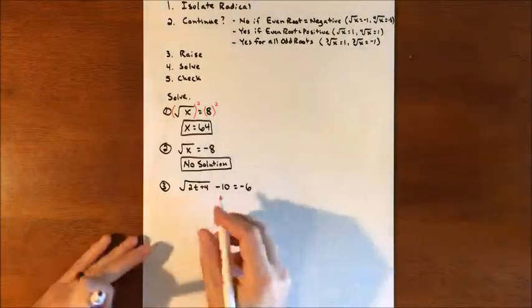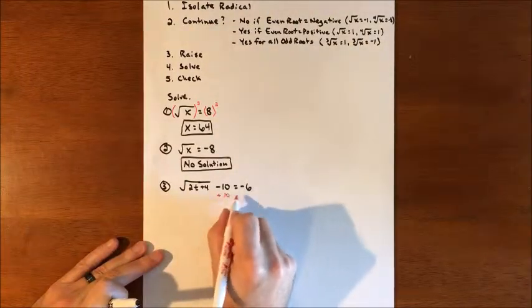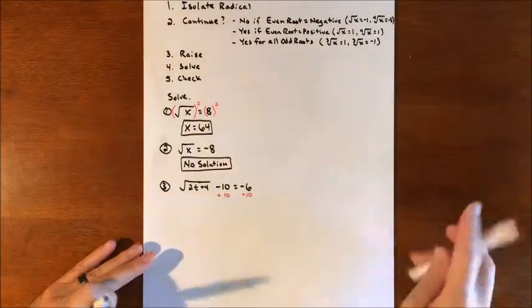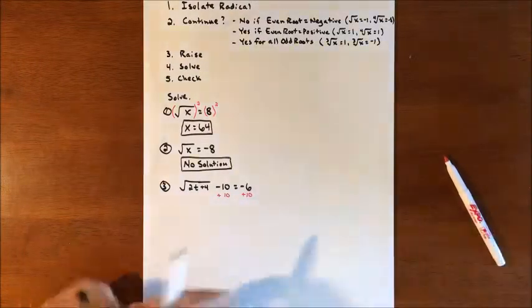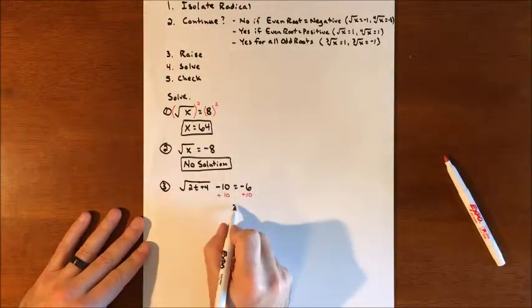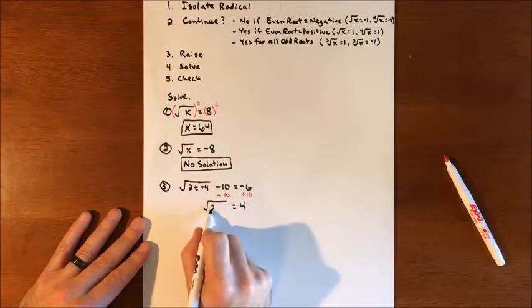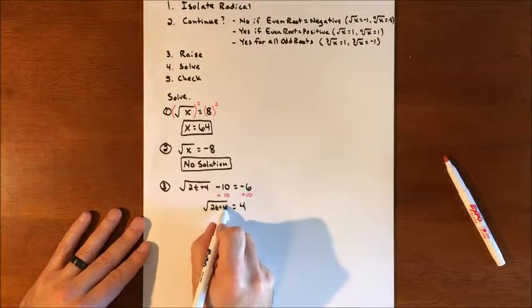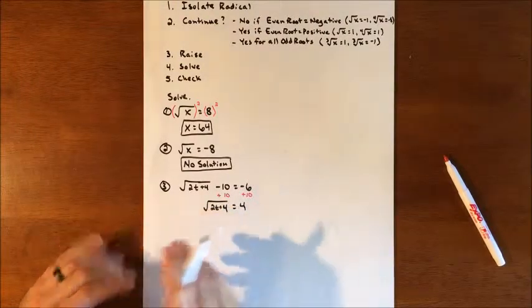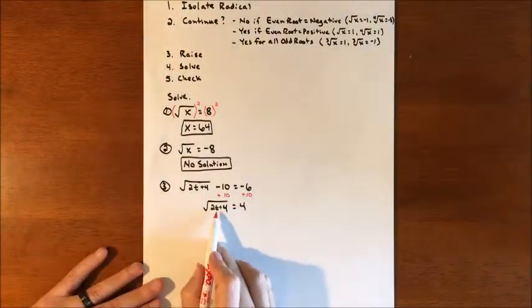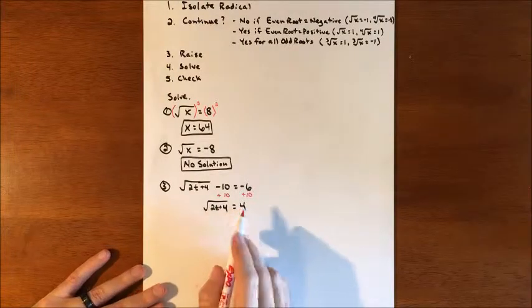No. So we're going to need to bring the 10 over. So we'll add 10 to bring that over to the other side. And these two will cancel each other out. That'll leave us with a 4 over here and a square root of 2t plus 4 here. So square root is isolated, it equals a positive, so we can continue.